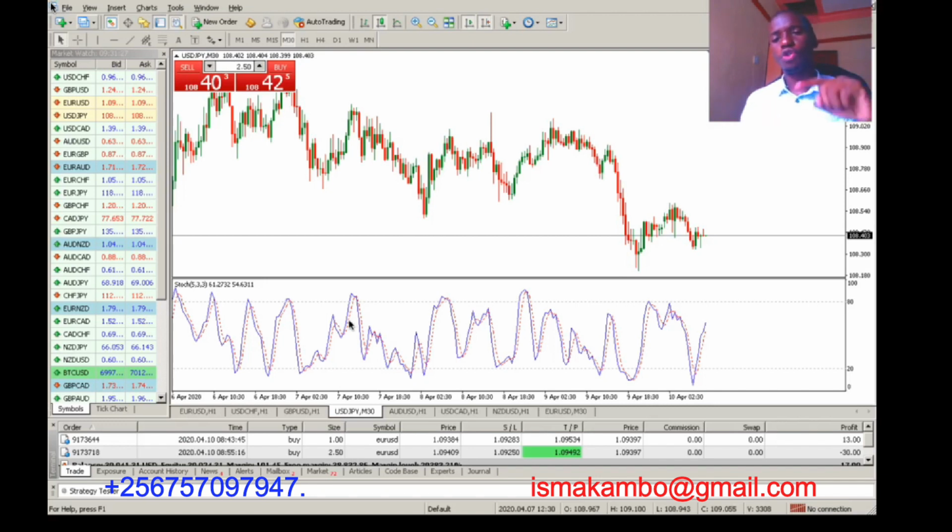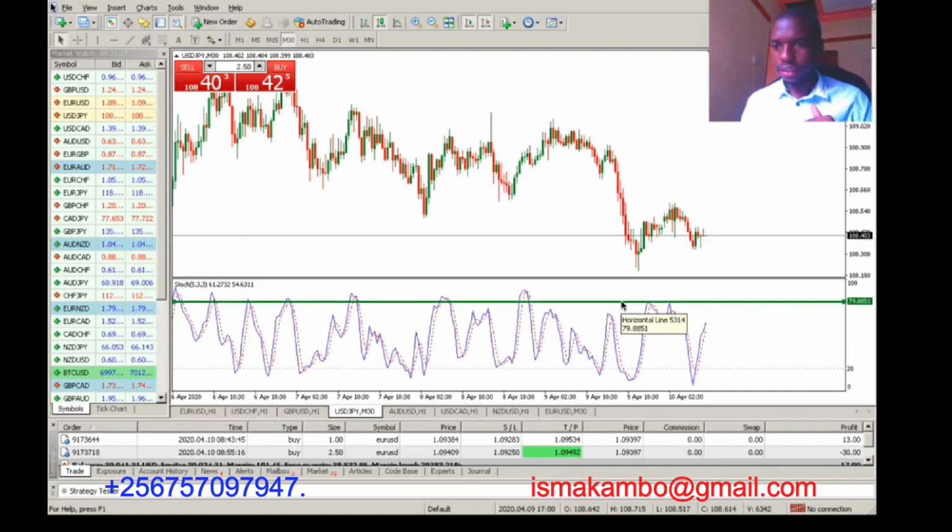Now, if you're to trade with the stochastic, you have to put this in your mind: extremes are paramount when we are trading with the stochastic. Let me make them a bit clearer such that we can all see them. This is 80, and then 20.